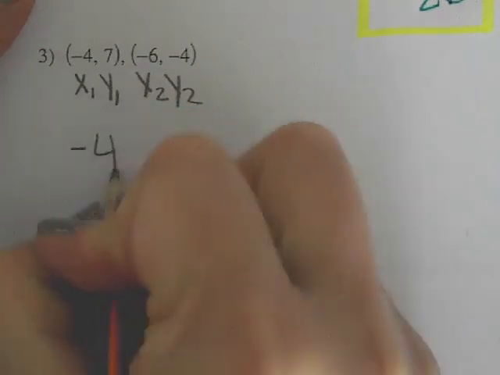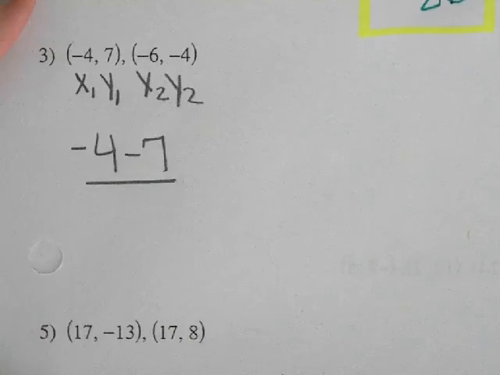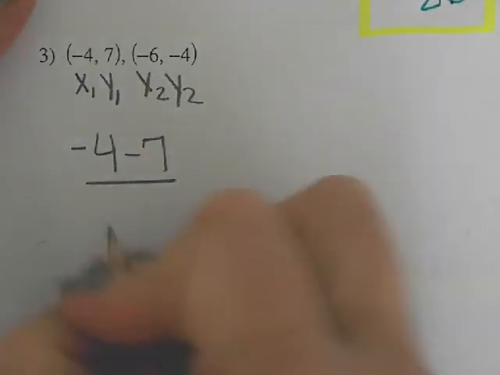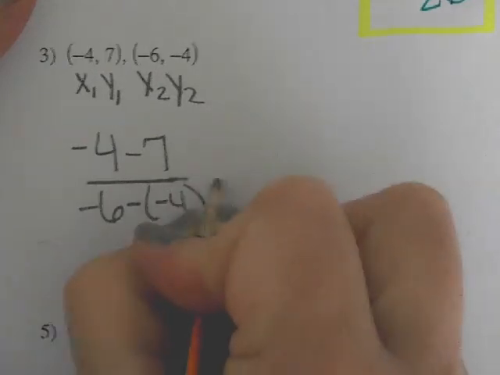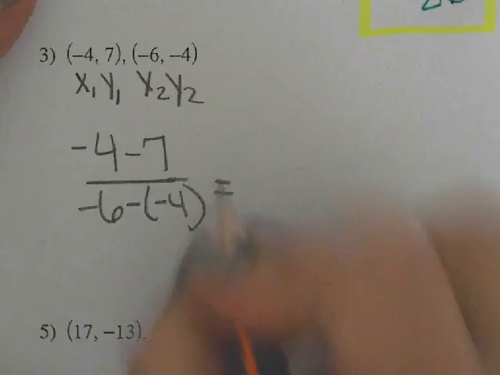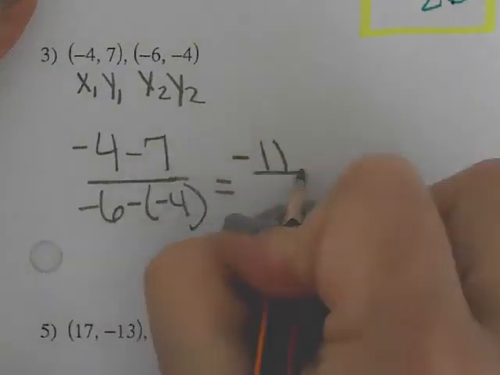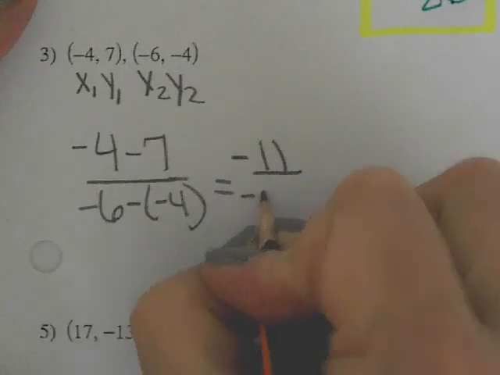So negative 4 minus 7, and then the change in x, negative 6 minus negative 4. Negative 4 minus 7 is negative 11. Negative 6 minus negative 4 is negative 2.